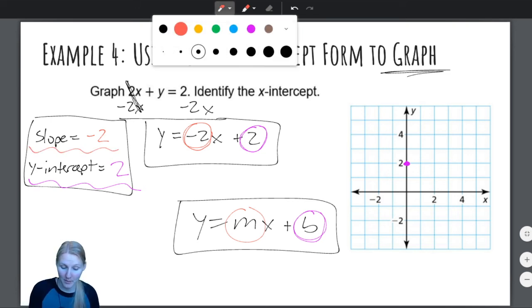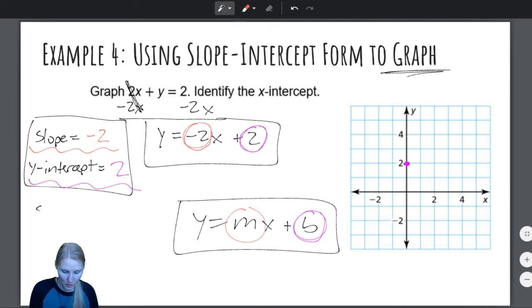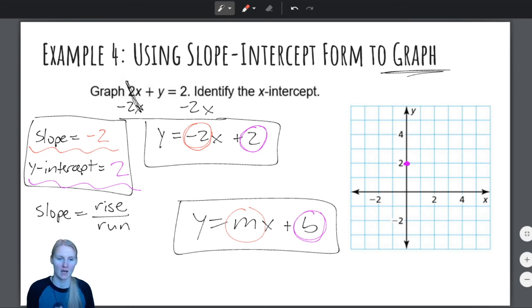Now, remember that slope is equal to rise over run. And this is super helpful because this tells us where my other point is going to go, right? I need 2 points to make a line. So where does this other point go?